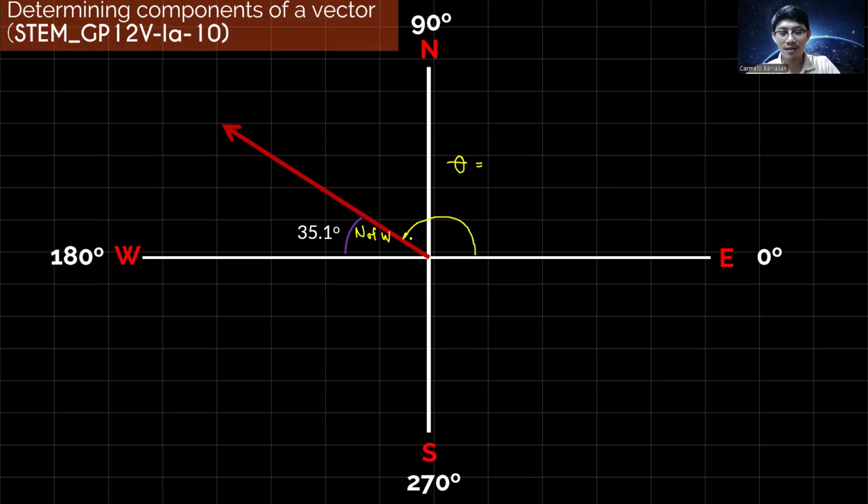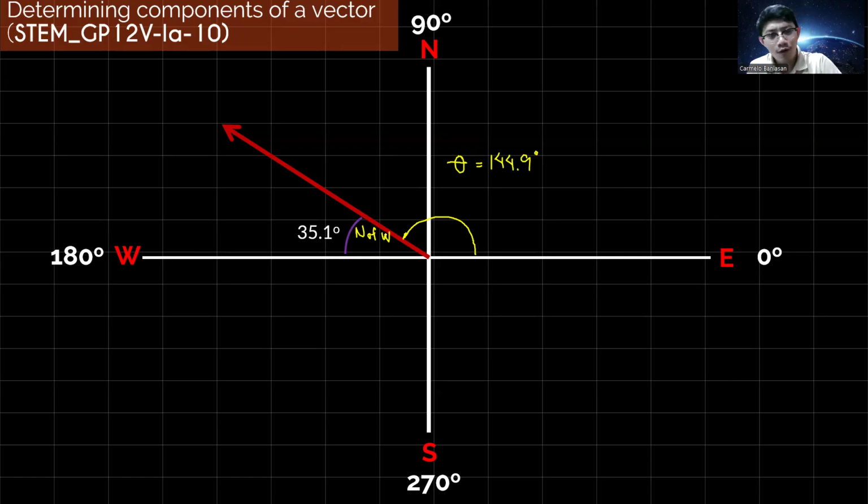So we know the total is 180, but we only need this part of the total. So that's 180 minus 35.1. And that gives us what? 146.9? I don't know. Let me check. 180 minus 35.1. 144.9 degrees. So that's already our standard angle.